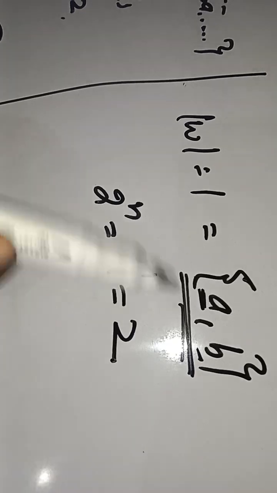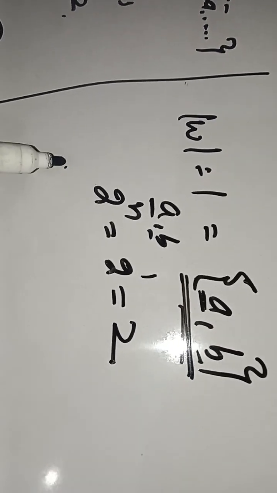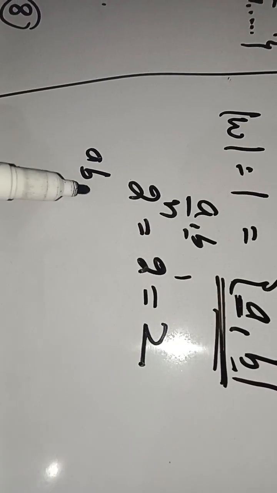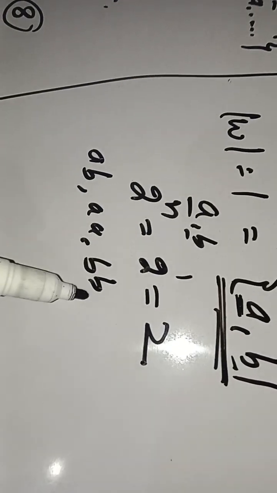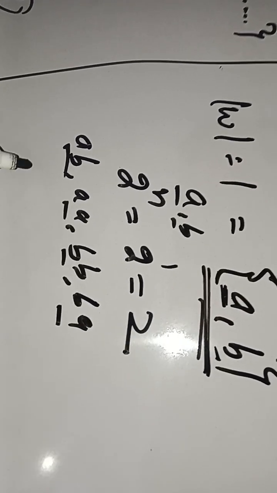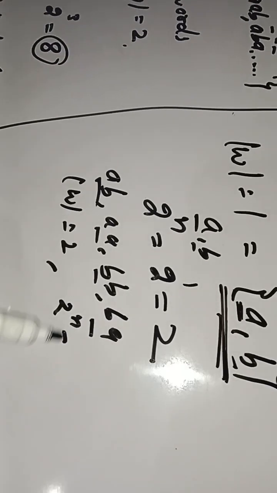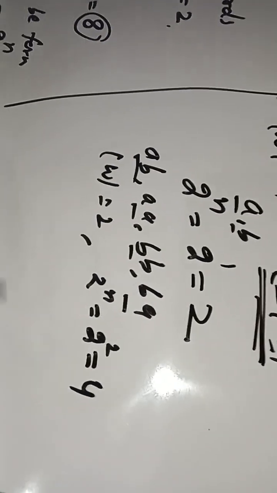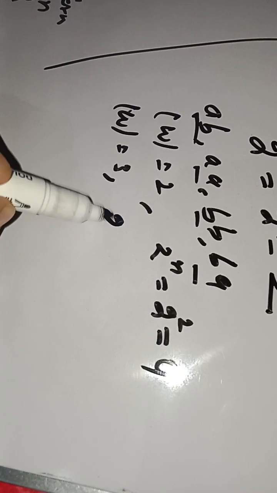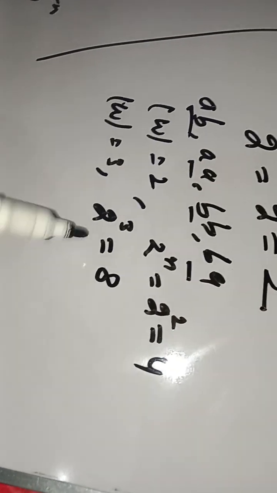Similarly, if the length of the string is 2, like AB, AA, BB, or BA, we can construct 4, that is 2 power 2. With length 3, the number of words that can be formed is 2 power 3, and that is 8.